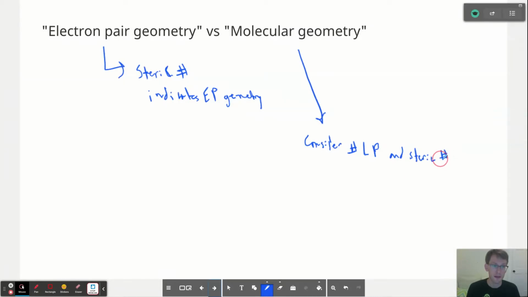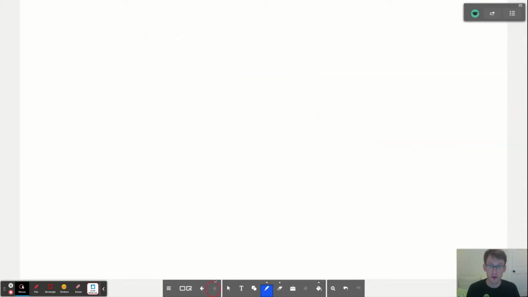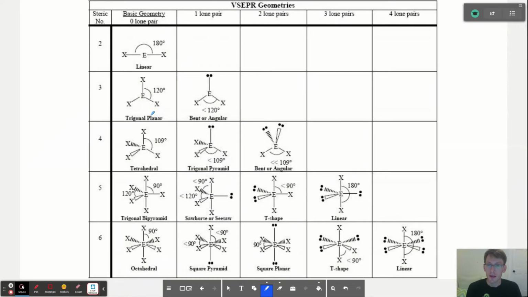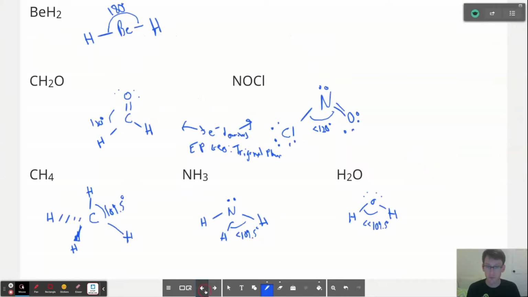So what I mean is we can refer to our chart, and in the case of the CH2O, which was here, there are no lone pairs. And so if there are no lone pairs, we will say that the molecular geometry is the same as the electron pair geometry. It is trigonal planar. Trig pl, I'm going to write just to abbreviate it.